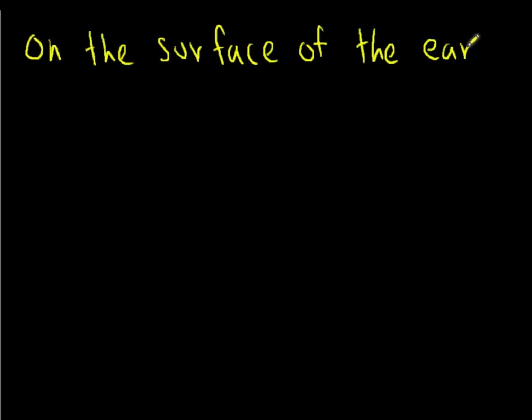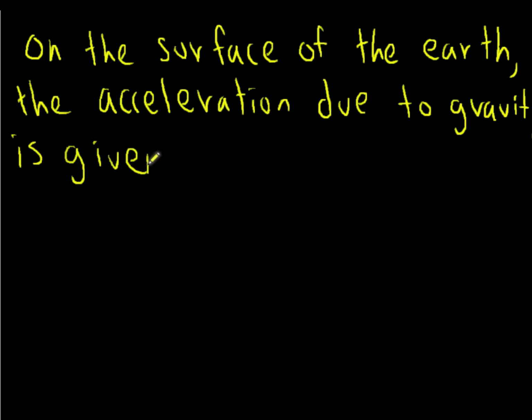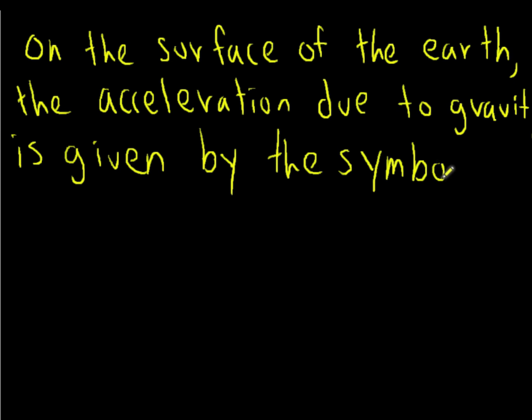On the surface of the Earth, the acceleration due to gravity is the same everywhere on Earth, or that's what scientists accept. If you were on the surface of another planet, you would find a different acceleration due to gravity depending on that planet's mass. The acceleration due to gravity on Earth is given by the symbol small g, not to be confused with big G, which we're going to use later on.